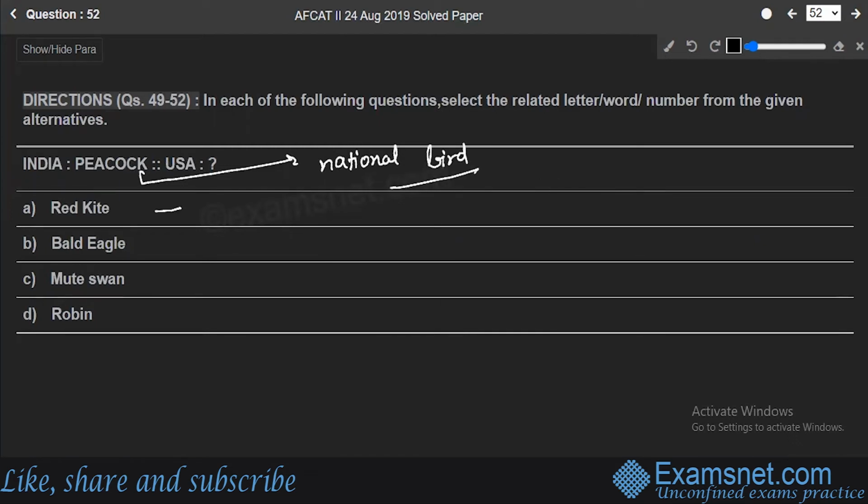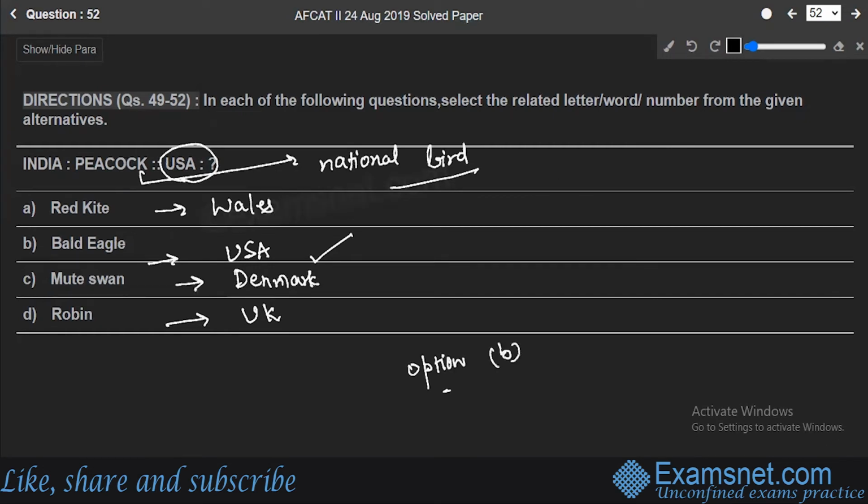Red kite is the national bird of Wales. Bald eagle is the national animal of USA. Mute swan is the national animal of Denmark. And robin is for UK. So USA has the national animal as bald eagle, option B. Hope this is clear.